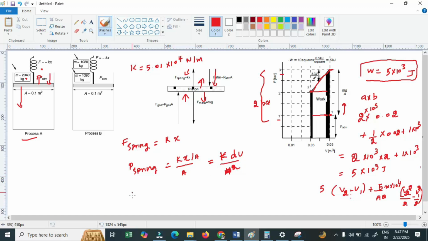So P is equal to K A square into dV. You integrate this, or del V, sorry, here it is, it's not right.